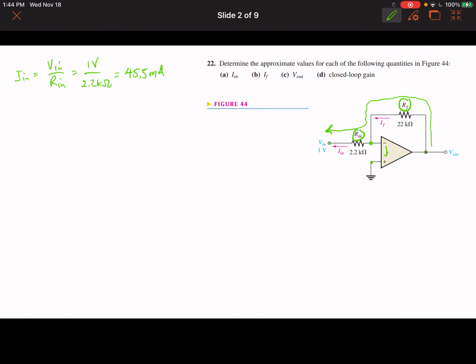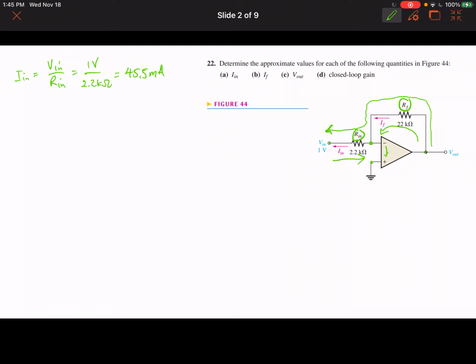That means that the input current is the same in magnitude as the feedback current, but since this is grounded, the direction of the current between the input current and the feedback current is shifted by 180 degrees. In other words, current from the input goes through here, and the current from the output goes like this.